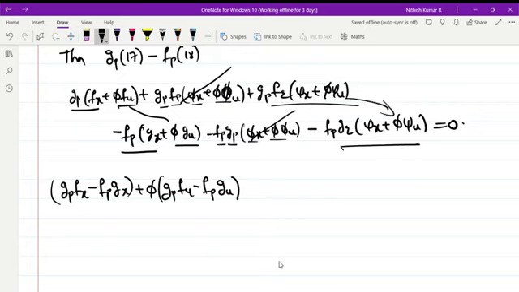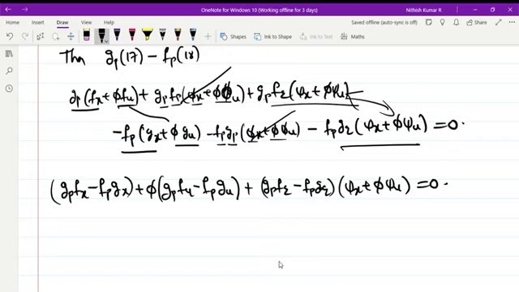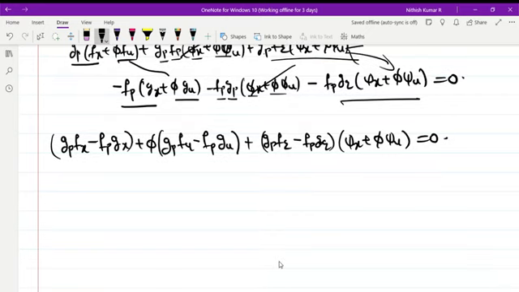Now combine these two terms, again phi is common, so it is plus phi into gp into fu minus fp into gu.